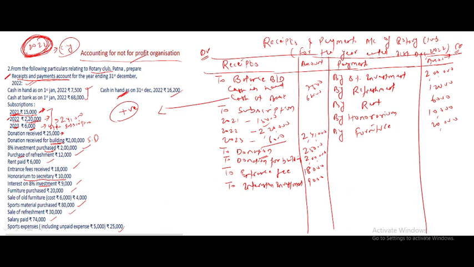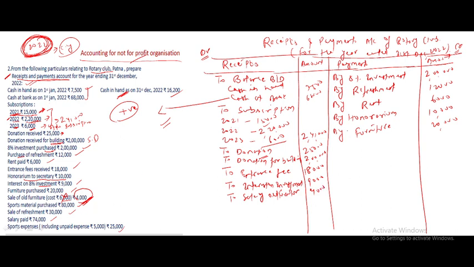Sale of old furniture cost 6,000 but received 4,000. In the receipts and payment account only receipts and payments are recorded, so the received amount of 4,000 is recorded on the receipt side. To sale of furniture, the cost is ignored, only the received amount 4,000 is taken.